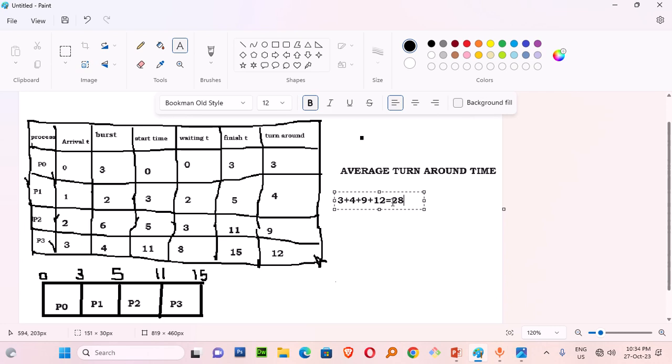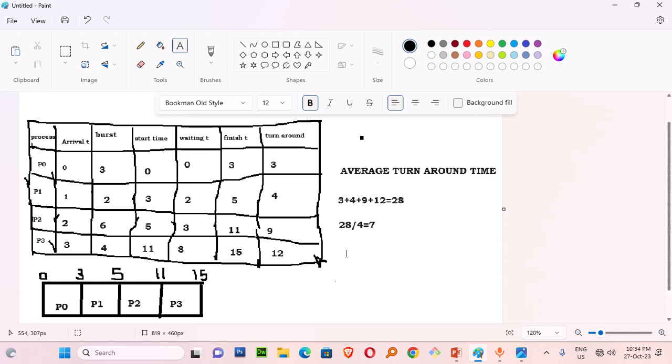This will be 28 divided by 4, which is equal to 7. So the average turnaround time is equal to 7.